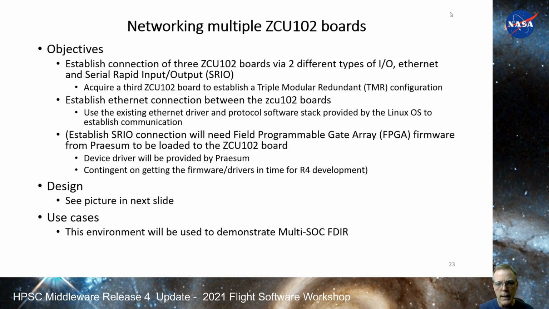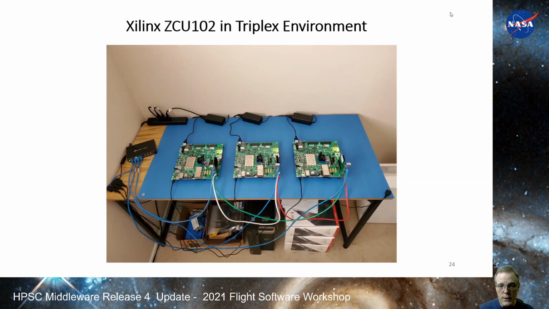We would like to expand this to incorporate the high-speed serial rapid I/O devices, but we won't have the driver in time for Release 4, so we'll just stick with the Ethernet interfaces for now. And this is a picture of that environment. Note that each network cable is color-coded to show its dedicated connection to its peer.